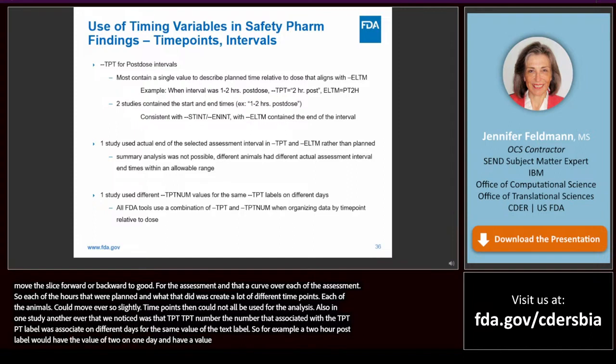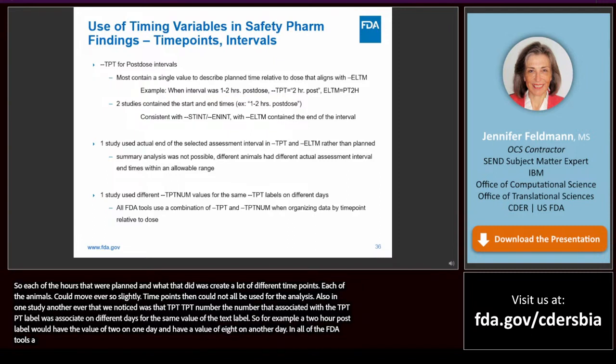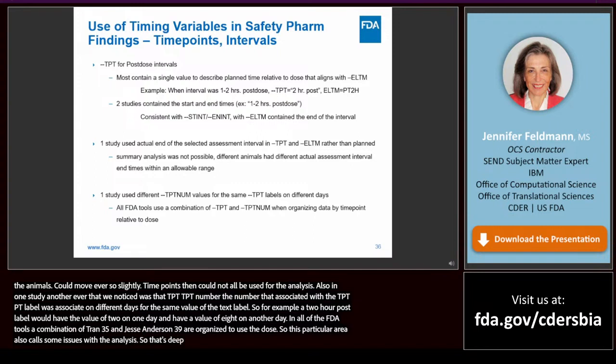And in all of the FDA tools, a combination of TPT and TPT num are used to organize the time points relative to dose. So this particular error also caused some issues with the analysis. So that's deep into the dirt of SEND, but these are important concepts when we are working with the safety pharmacology data to organize it correctly relative to dose.